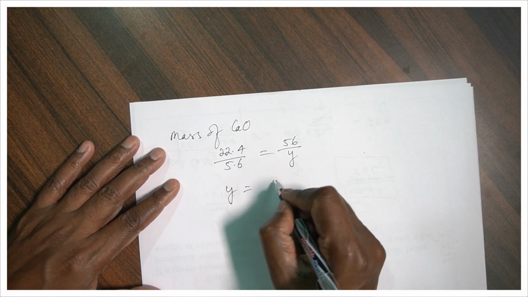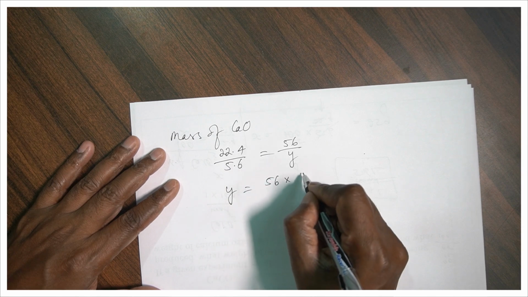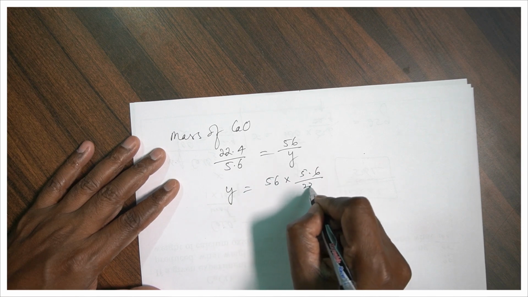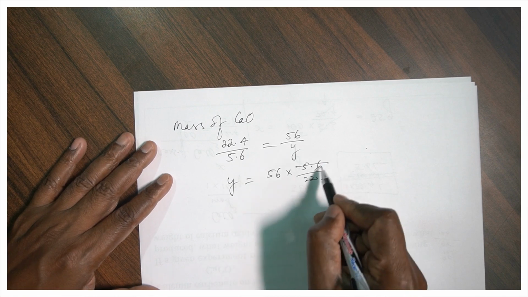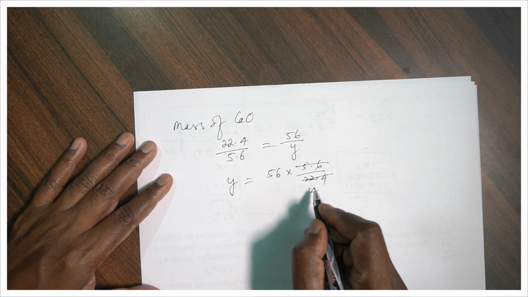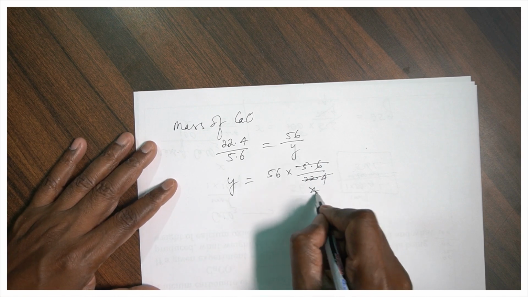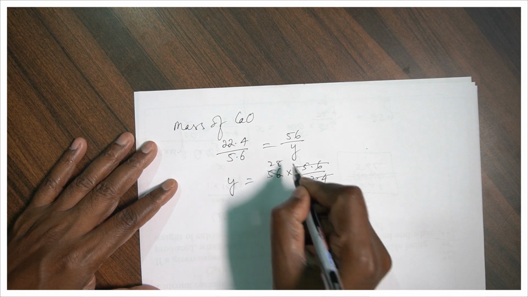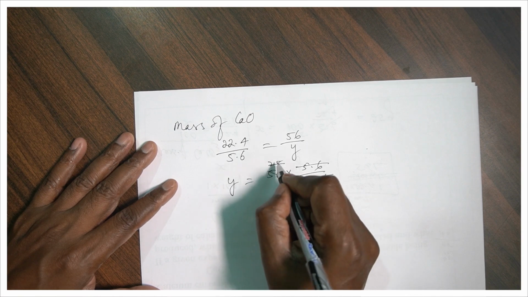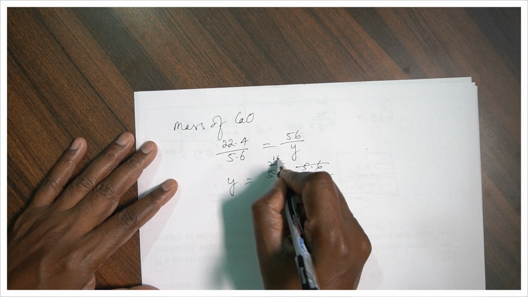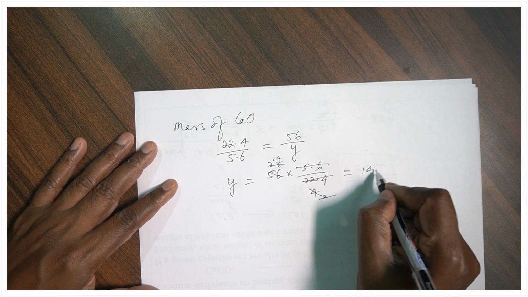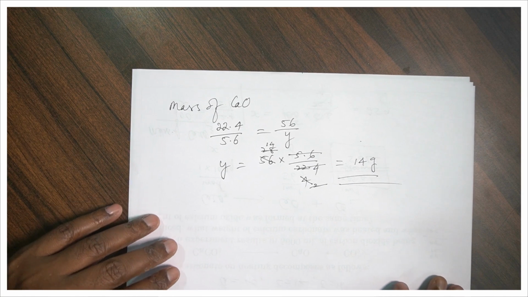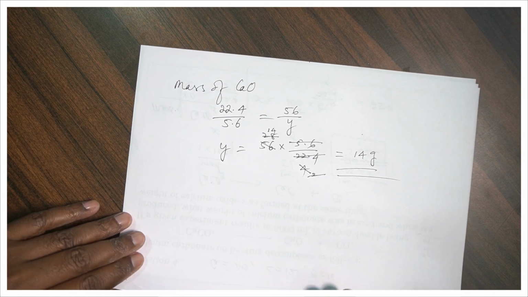Y is equal to 56 into 5.6 upon 22.4. Cancel this, this will be 4, and this also can be cancelled. 2 and 28, and 2 and 14. So it is equal to 14 grams. Answer is 14 grams. Okay, so I hope you understood this.